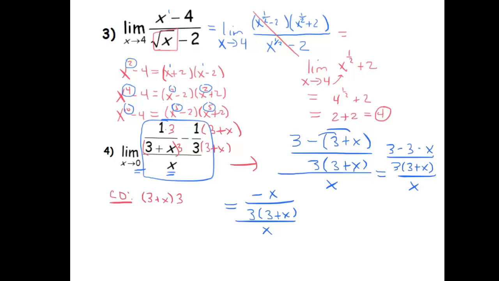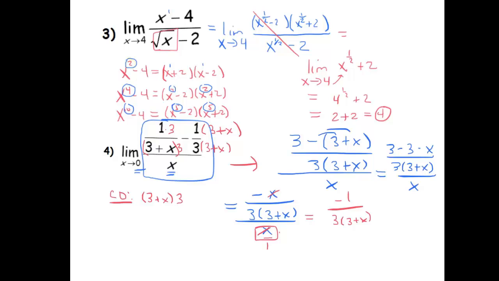And whether you understand that these cancel right away, or you view this as x over 1 and then multiply times the reciprocal, you'll see that those x's cancel, and what you're left with is a negative 1 over 3 times 3 plus x.